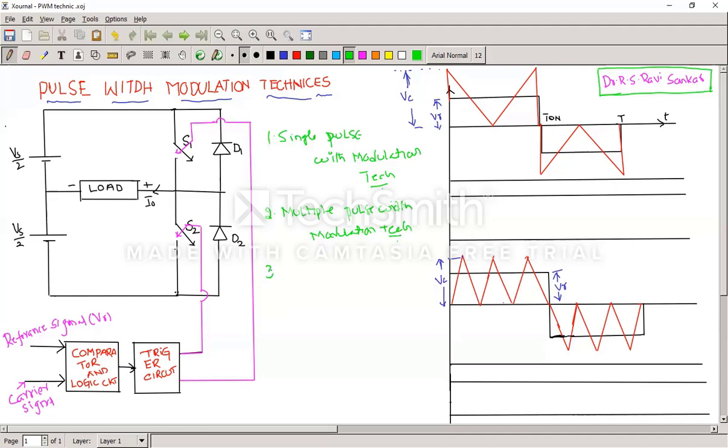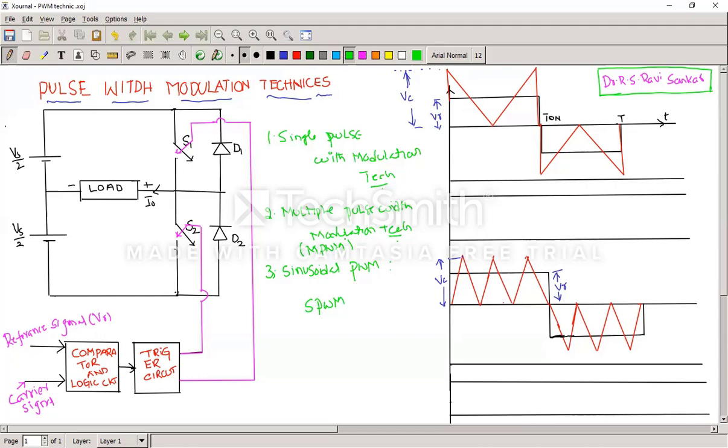Third one is the sinusoidal pulse width modulation. Simply writing as PWM. So total thing you can write it as SPWM, sinusoidal. This is multiple, MPWM. This simply called as a single pulse.